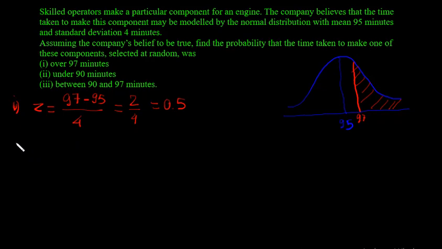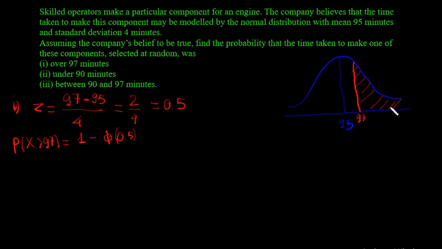So P of X greater than 97 equals 1 minus phi of 0.5. The total area is 1, and this area is phi of 0.5.